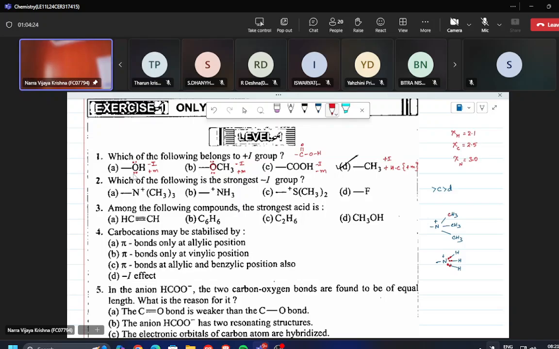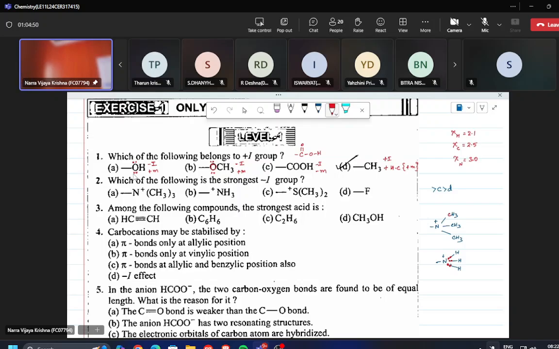It means if we have more difference between us, the more you donate, the more I will accept. Correct or not? You are a donor, accepted. But we don't have much difference. Then you are donating electrons. Do those electrons have to flow to me or not? Where will those electrons flow towards nitrogen effectively?